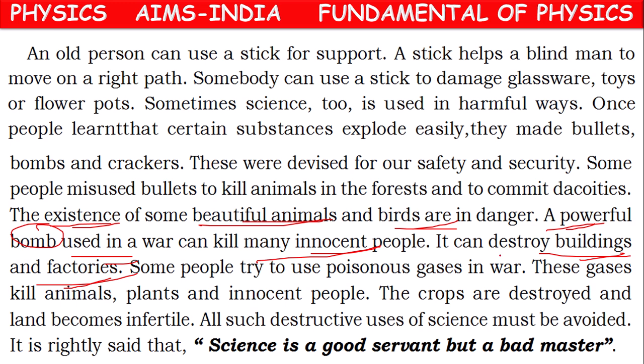Even while doing war, some countries make use of poisonous gases. These gases will kill animals, plants, and innocent people. Crops will be destroyed. Land becomes infertile, means land loses its strength. In that land, crops will not grow again.